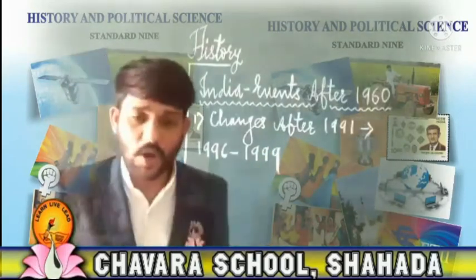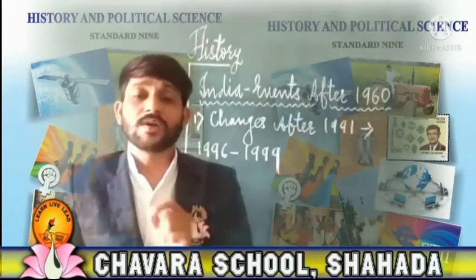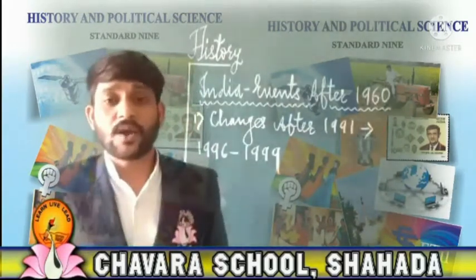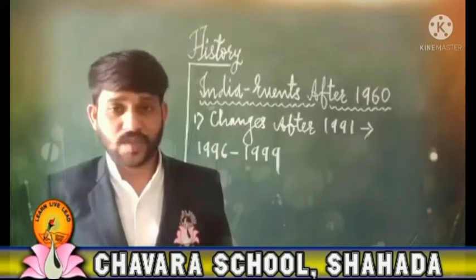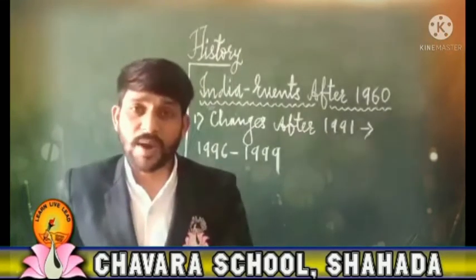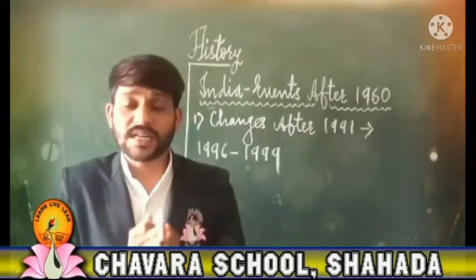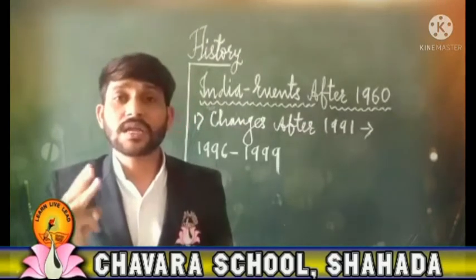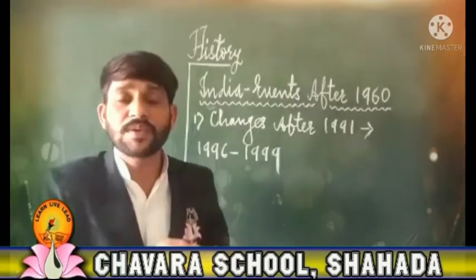During this period, no political party got a majority in these Lok Sabha elections, and as a result, there were three governments, each for a short period of time.